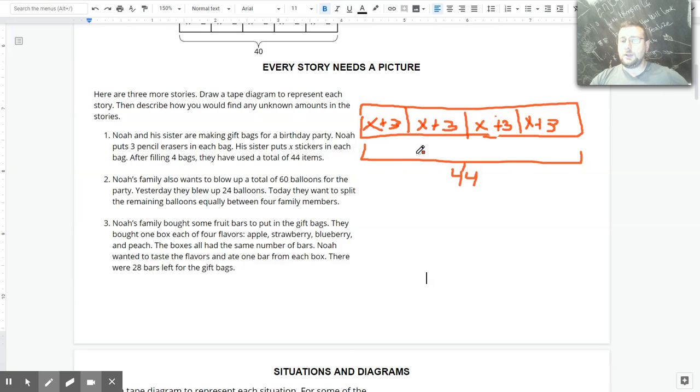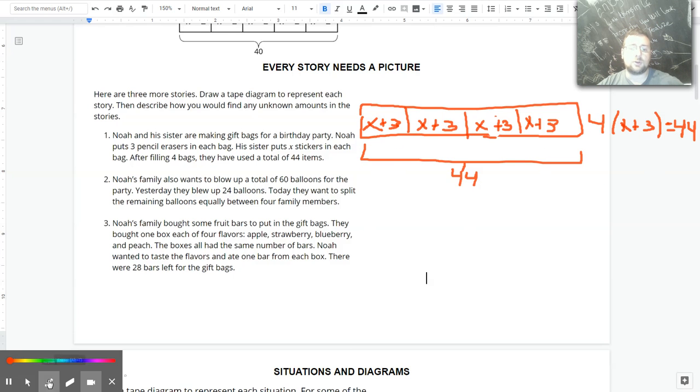And then what I have to do is realize that what we really have here is 4 times x plus 3, all adding together to 44. So as you can see, creating a visual representation will help you solve the problem. Pause it before trying the next one so that you can see if you can do it.